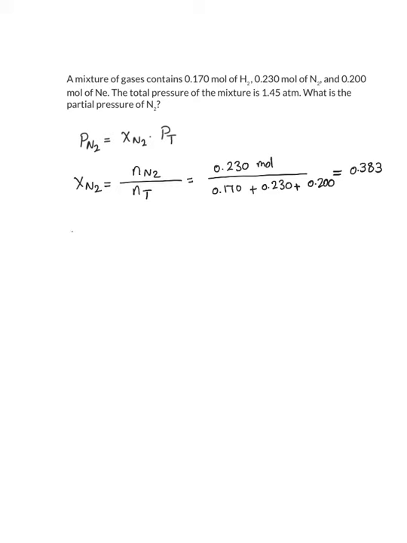So to calculate the partial pressure, we have the mole fraction of nitrogen, 0.383, multiplied by 1.45 atmosphere, which gives 0.556 atmosphere.